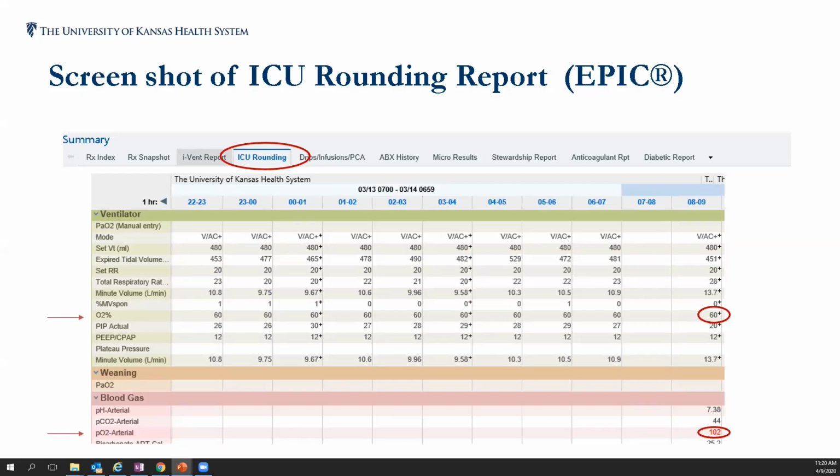The more oxygen a patient may require in order to achieve a sustained percent oxygen saturation, that may indicate worsening lung function.